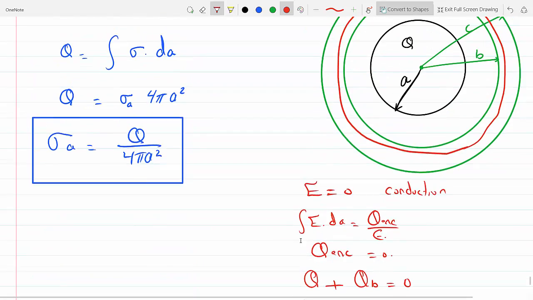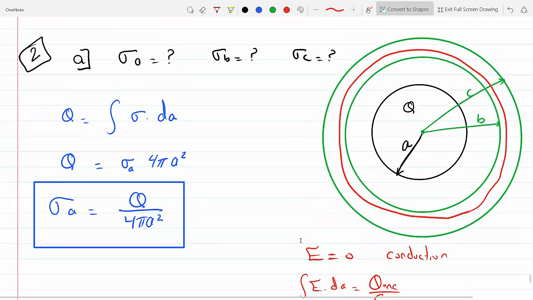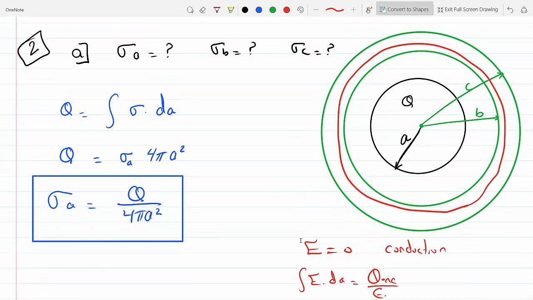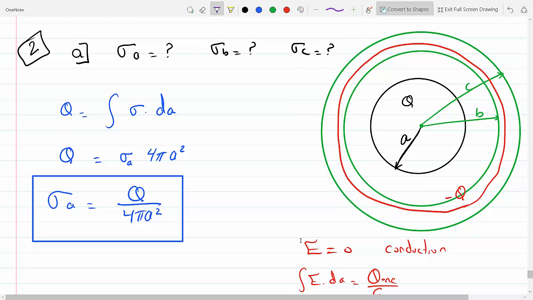And if I were to move to the outer shell now, I know that there's no net charge on the green one. So that means I have a minus Q here. And if there's no net charge on the green one, that automatically means that the outer surface has to be plus Q, so that it would cancel the charge.